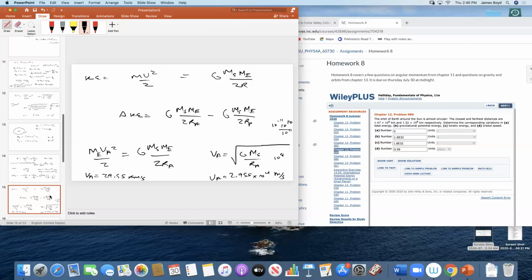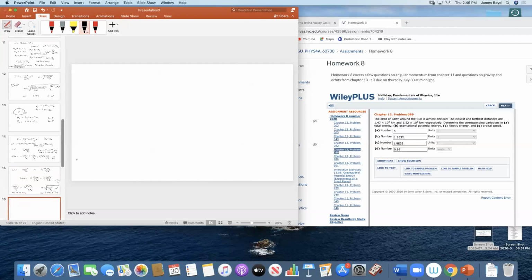And now, what they're asking us to do, once we've done that, is they want to know the ratio of V, or what is the change in velocity from aphelion to perihelion, the absolute value. We have VA. From Kepler's second law, we know this is true, and therefore VP is RA over RP times VA.